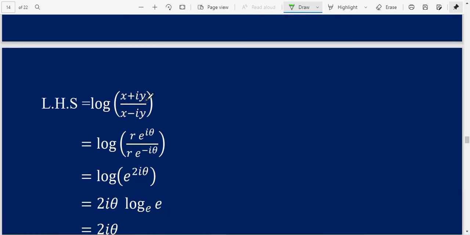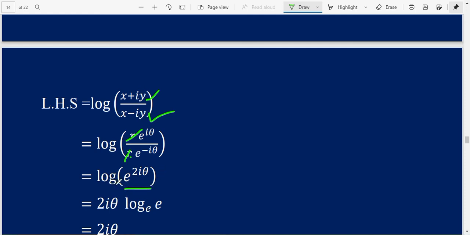So put the values of x plus iy and x minus iy: r e raised to i theta upon r into e raised to minus i theta. R cancels out. So e raised to i theta upon e raised to minus i theta, so we can write e raised to 2i theta.